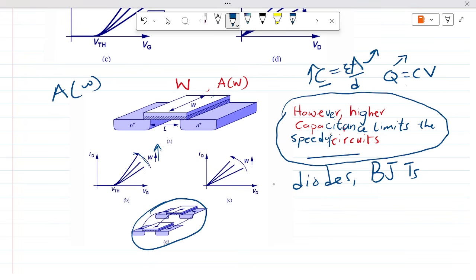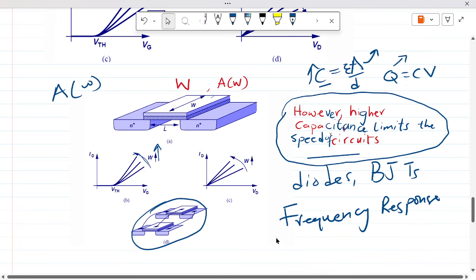That's something we will look at in detail when we do frequency response. But for now, we will see it as a trade-off between high capacitance and speed. That's trying to get more current with high capacitance, but that also trades off the speed of the circuit.